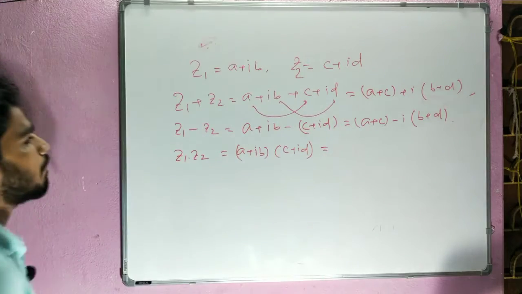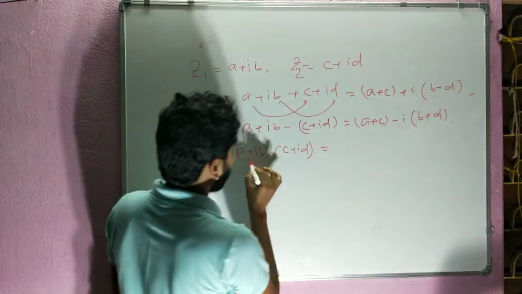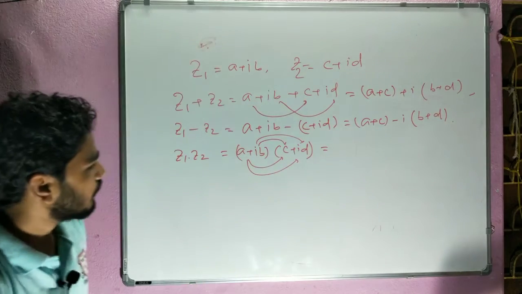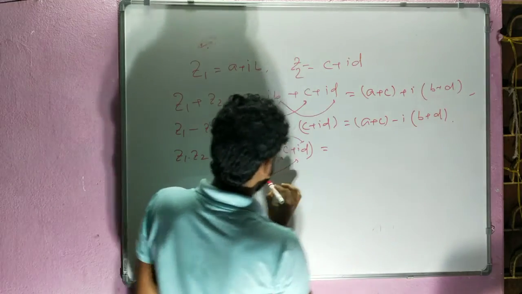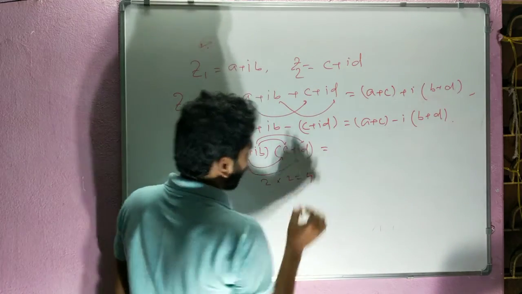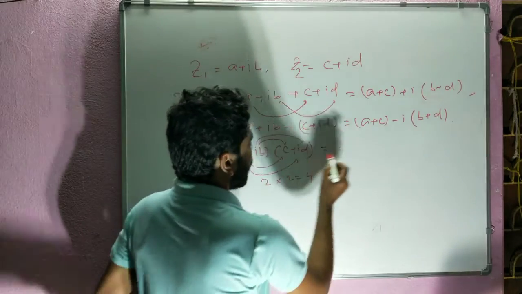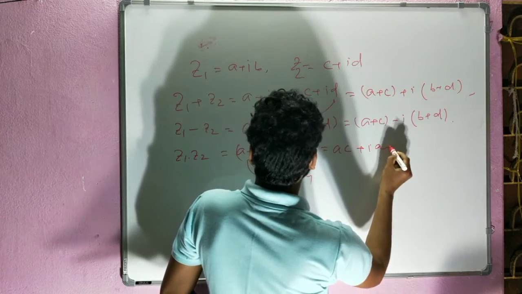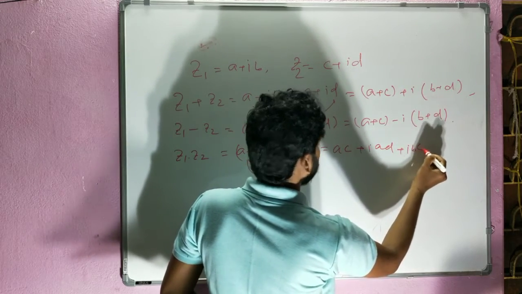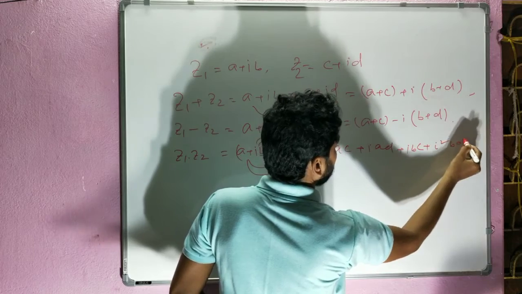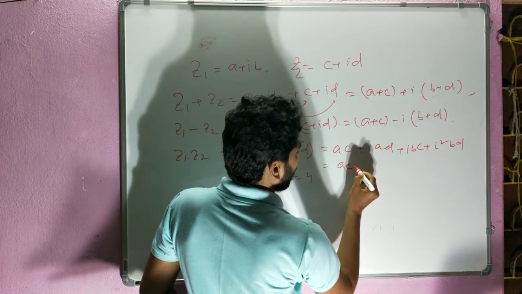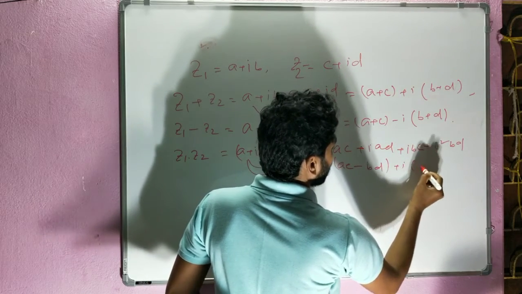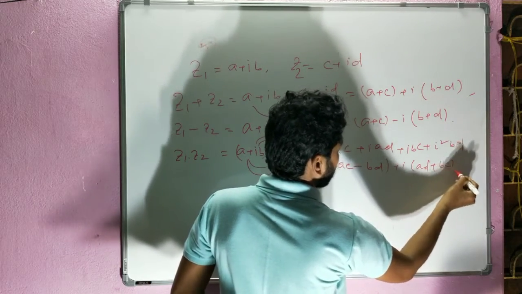Multiplying, we get a and c, a and d, b and c, and b and d. That means 2 into 2, a total of 4 terms: ac plus i ad plus i bc plus i square bd. That means ac minus bd, since i square is minus 1, plus i into ad plus bc. This is the multiplication of complex numbers.